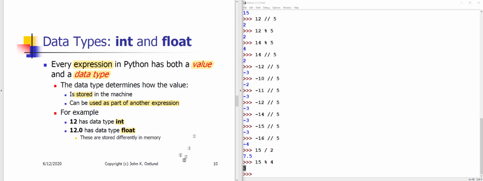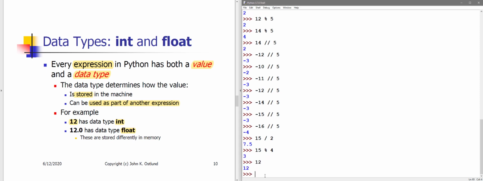All right, so these two digits, 1, 2, represent the integer value 12, and it has a certain size and a certain pattern of bits in the machine.